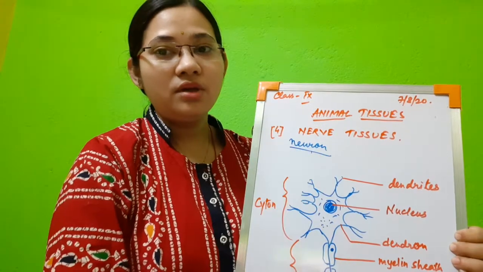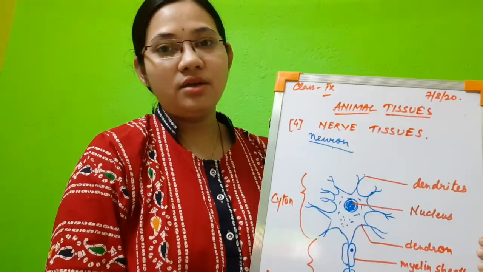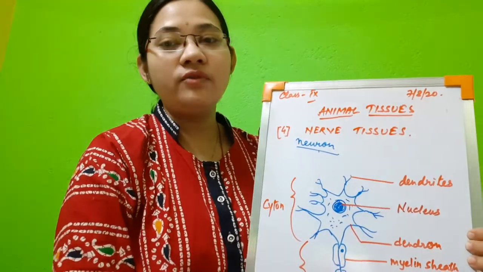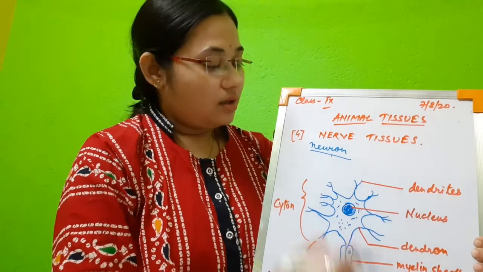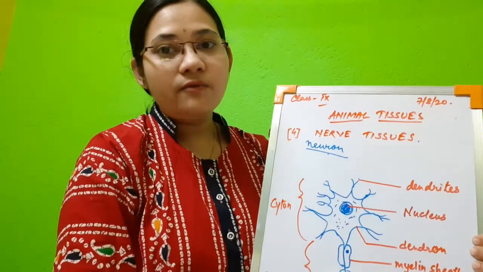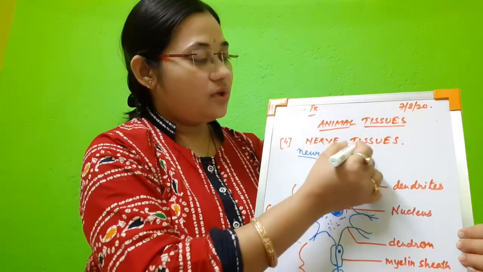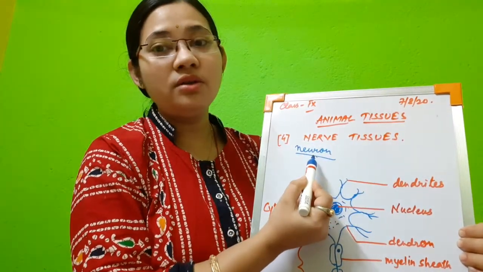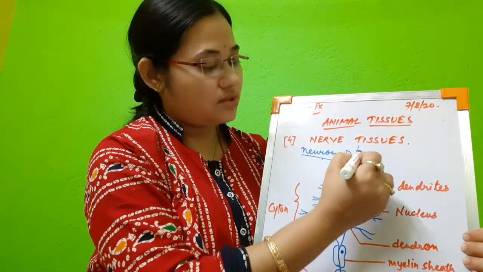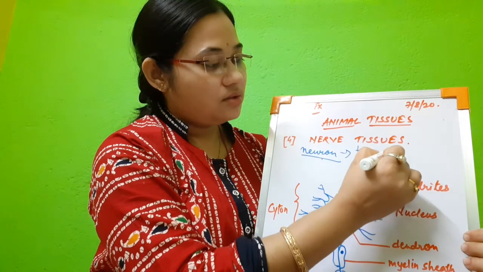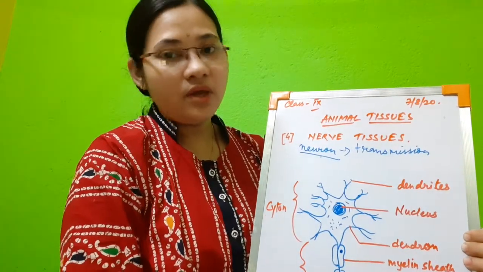Now this is the structure of neuron, but before we study the structure of neuron, let us find out what are the characteristics of nerve tissue. Now nerve tissue helps in conduction of impulses from one part of our body to another part. Okay, so nerve tissue is made up of cells which are called neurons, which help in transmission of impulses. So transmission means conduction of impulses.